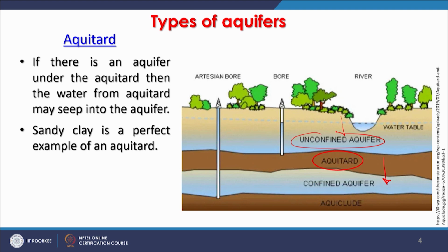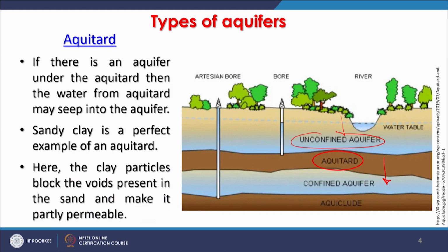So, sandy clay materials are found, for example, in the Indo-Gangetic plains, a huge part of the country that has similar examples. But it is not continuous; throughout the Indo-Gangetic plain you do not have the same Aquitard layer. In between there are clayey layers, perfect clay which does not allow water, meaning an impermeable layer, or they have an Aquitard situation also.